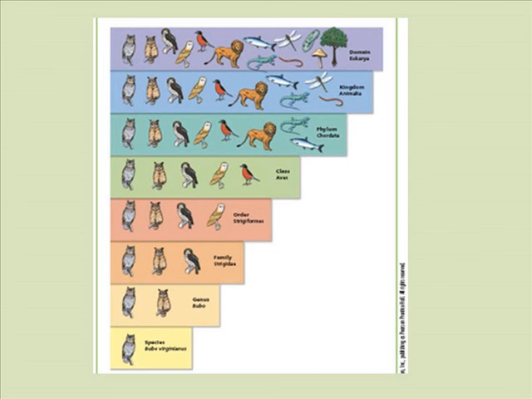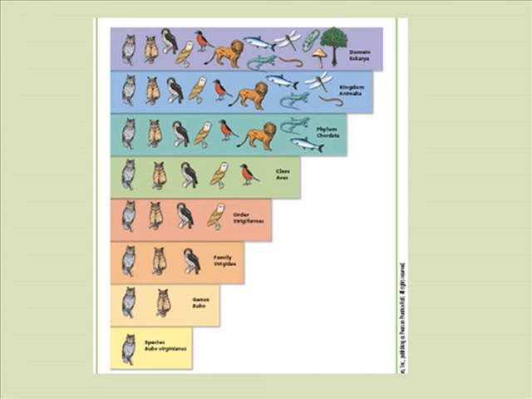Now if we were to follow this down, once you get down to the genus and species, if we had a different animal like the wolf, you'd see genus Canis, species Lupus. Or a dog, a regular house dog, you would have genus Canis, and then under the species you would see Familiaris.